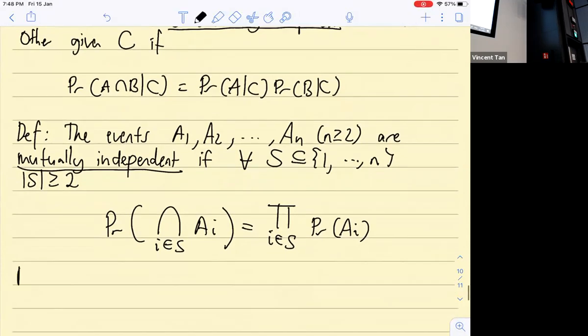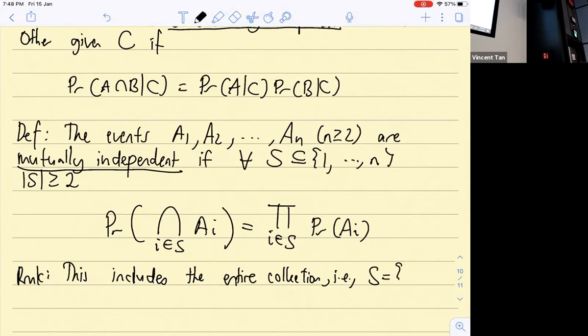So, remark: this includes the entire collection, i.e. S is equal to 1 to n.